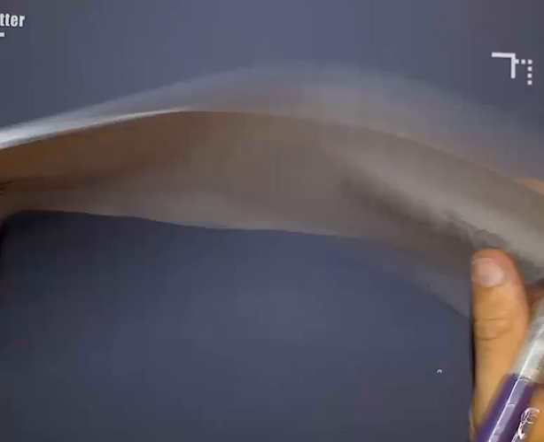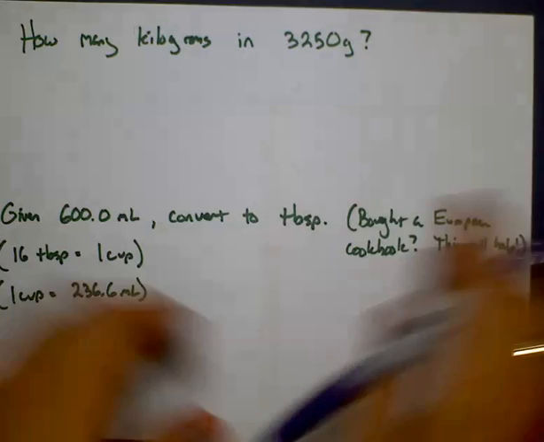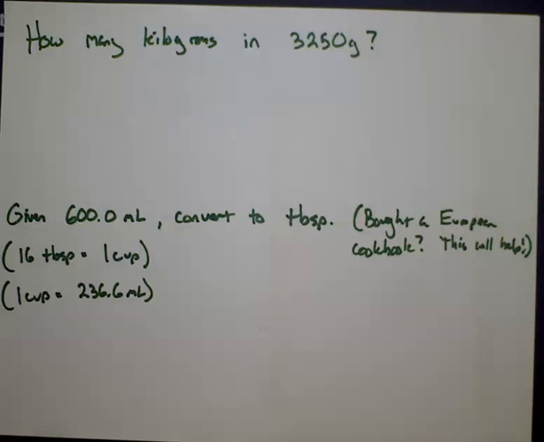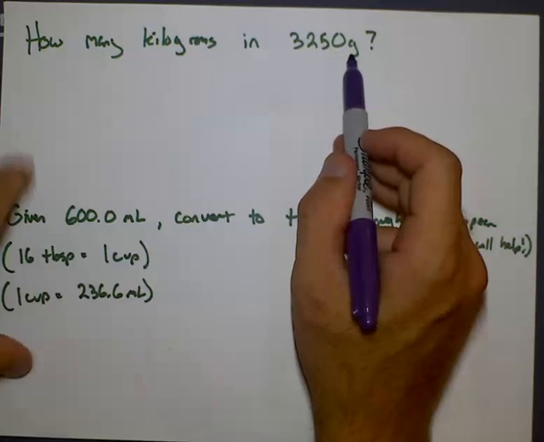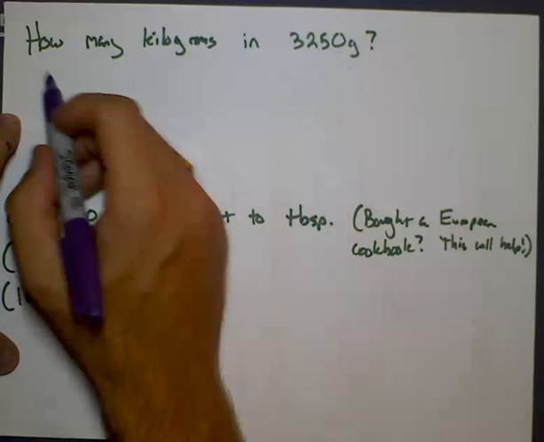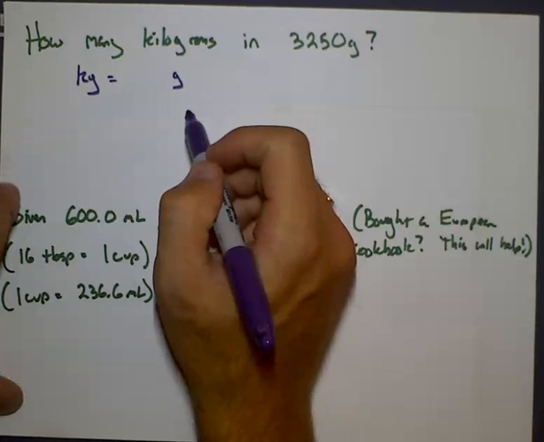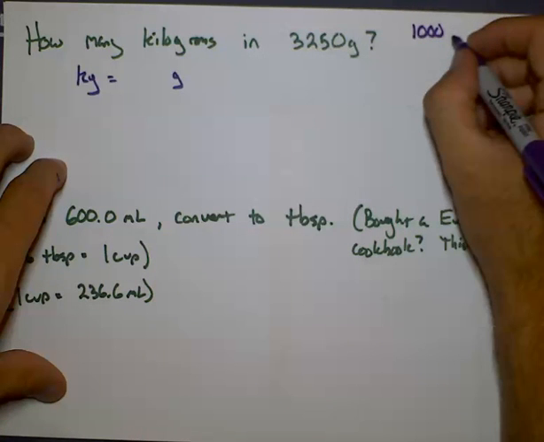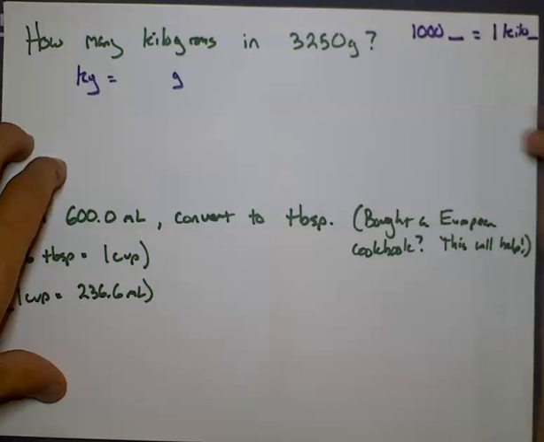We can use this idea to help us solve some conversion problems. Okay? All we need to do is identify the relationship between some of these. So the question here is, how many kilograms in 3,250 grams? For that, we need to know a relationship between kilograms and grams. Fortunately, I memorized that 1,000 units is equal to 1 kilo unit.